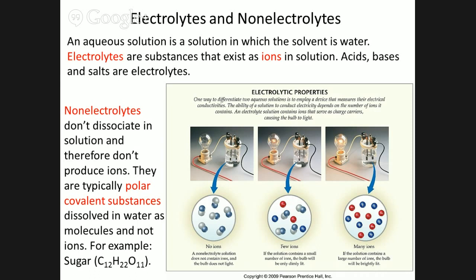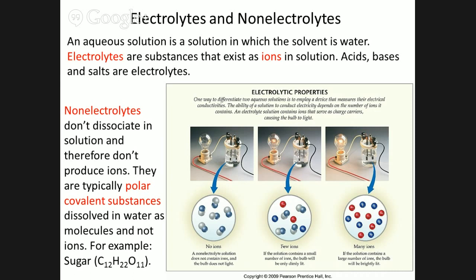Non-electrolytes, on the other hand, don't dissociate in solution, so they don't break apart into ions. They are typically polar covalent substances, such as sugars. They may dissolve, but they don't break apart into ions when they dissolve. As an example in our picture, the one on the left has sugar molecules dissolved in the water, which don't break apart into ions and do not conduct electricity.